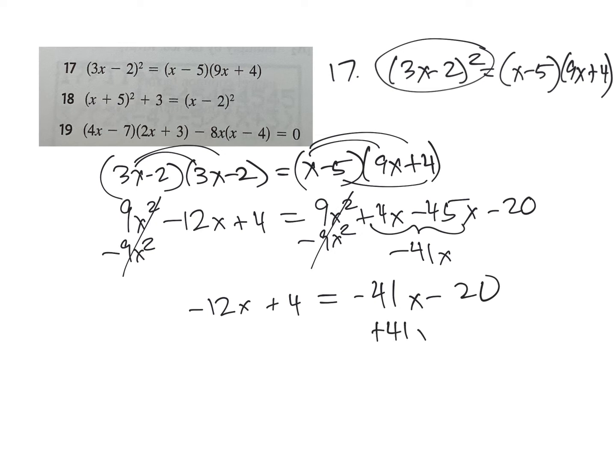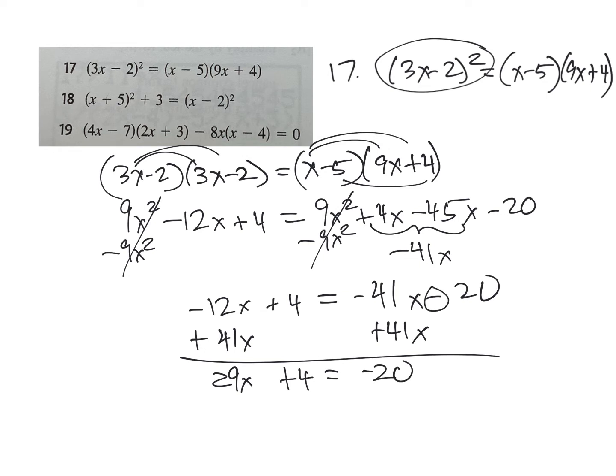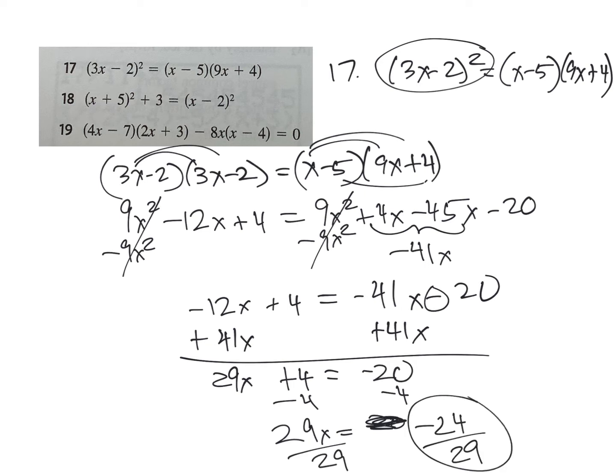Add 41x to the left, and I get 29x plus 4 equals negative 20. Don't drop the subtraction sign. And subtract 4. 29x equals negative 24. And then we divide off the 29. And negative 24 29ths is the answer.